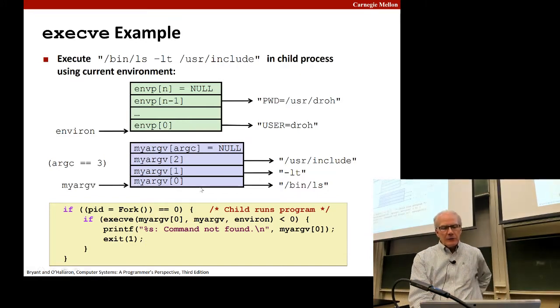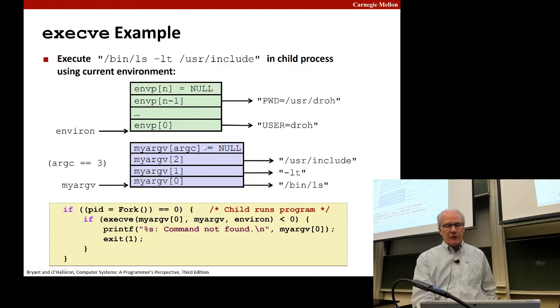So what you'd do, if you wanted to do this call, is set up an array of 4 pointers, the first of which points to this name /bin/ls, the next ones to the command line arguments, and then the final one is a null pointer. And similarly, there's already an existing set of environment values that's maintained by the operating system.